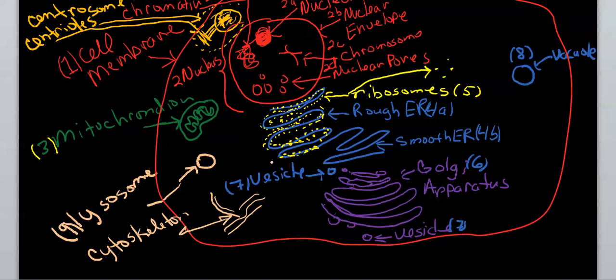So next what we want to do is have another slide and start writing down what the functions are for those different organelles. So our first one, you could write cell membrane again here in case you didn't remember.